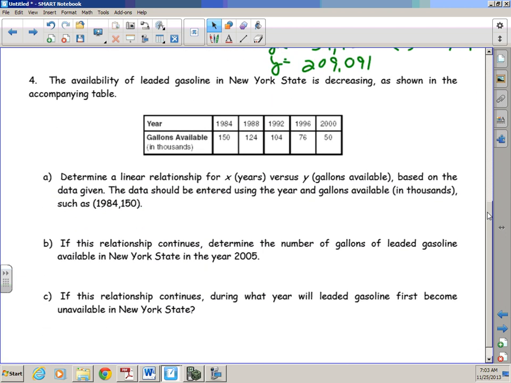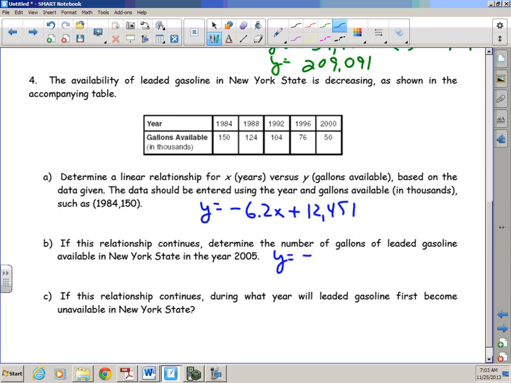Gasoline and year. Okay? Now, this is telling you to put in the actual year itself. All right? So there you would get -6.2x plus 12,451. You can see and expect that as the years go up, the gas that's available goes down. For 2005, I want to figure out what that's going to be, so I'm going to put 2005 in for x.